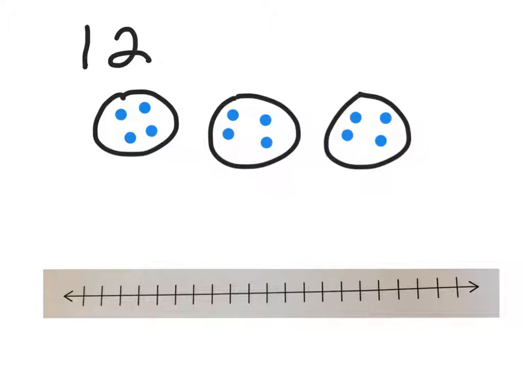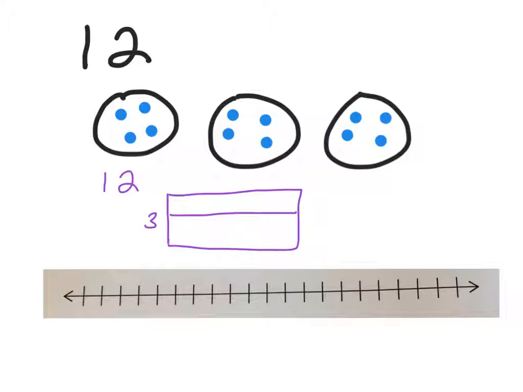Another way might be to make an area model. So 3 on one side times 4 on the top. So 3 groups times 4 groups. Another way is we might use a number line to show 12.